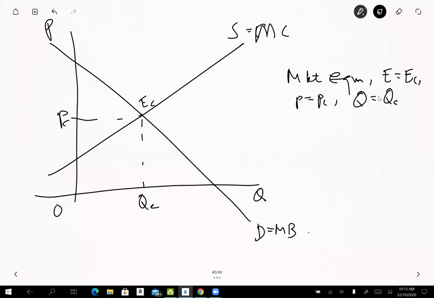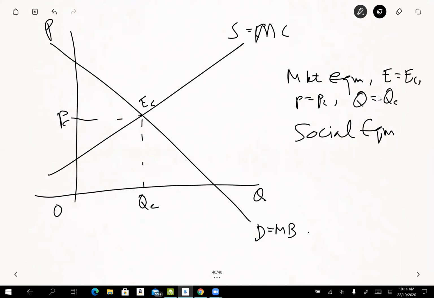Now the social equilibrium, when you take into account the marginal external benefit. We see here the marginal social benefit is larger than the personal marginal benefit because of the externality.